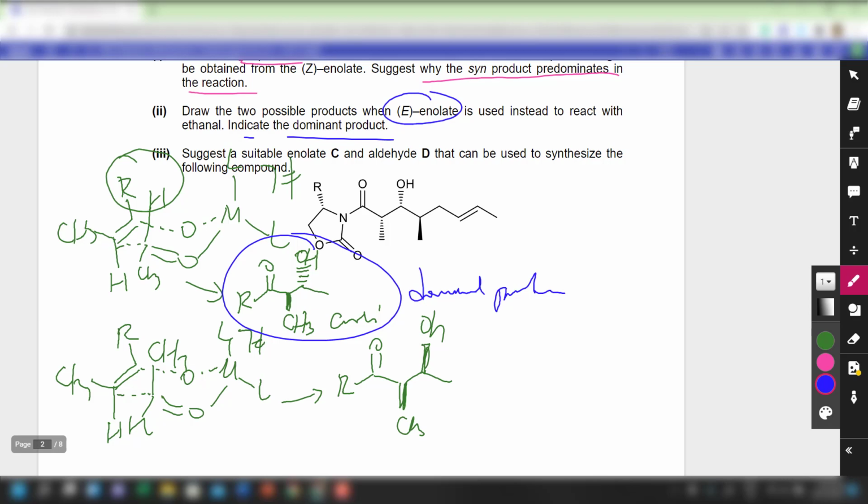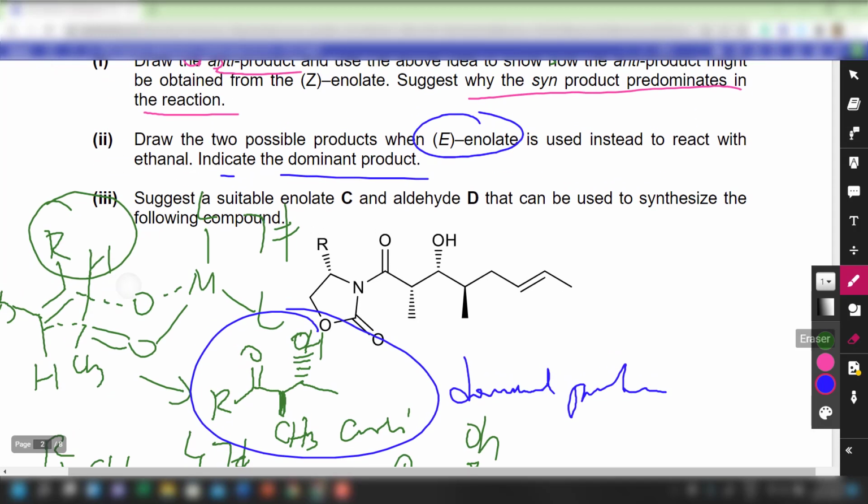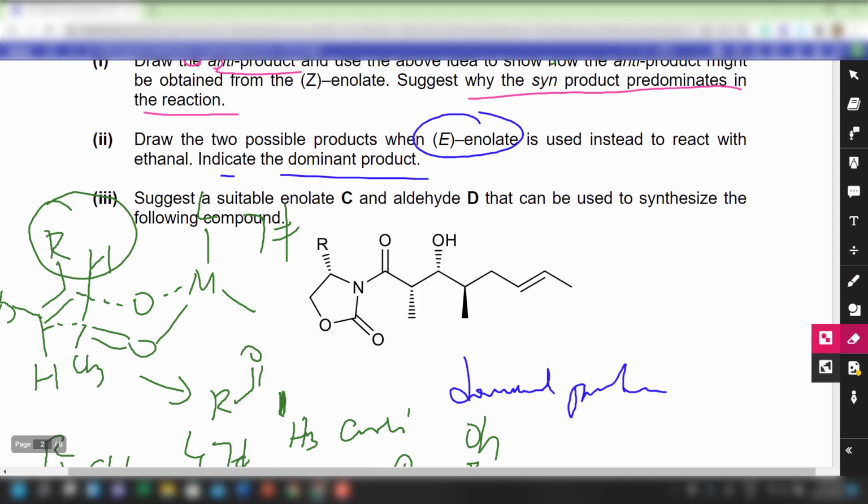And then finally, you are supposed to suggest a suitable enolate C and aldehyde D that can be used to synthesize the following compound. I don't think this is of any huge difficulty because you notice that from this particular compound, I'm going to just erase this big portion here.